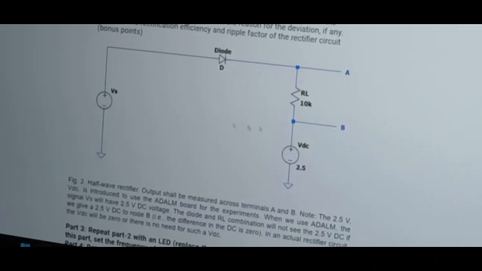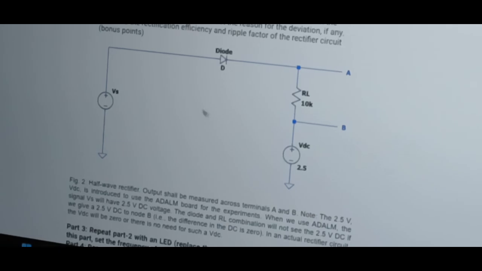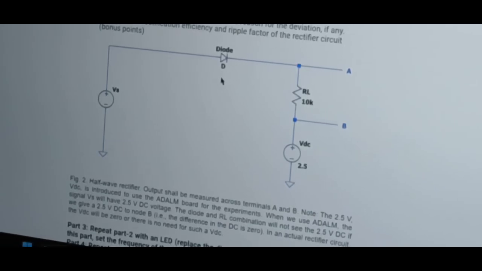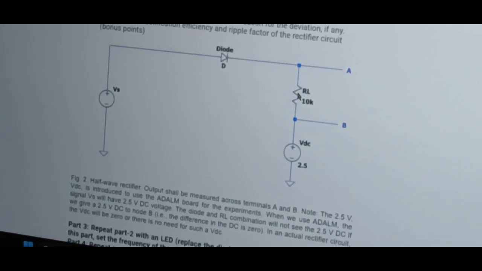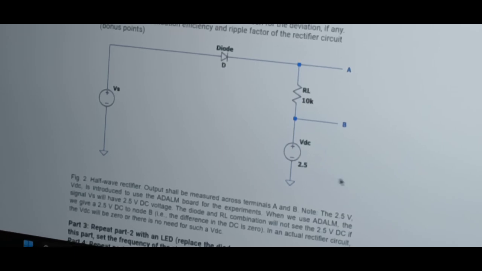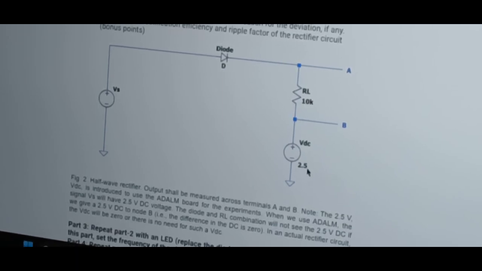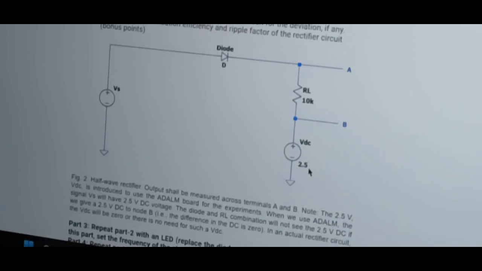For part 2, we have to construct a half-wave rectifier circuit using the diode for rectification, and we have to connect a load resistance of 10k. Across the output, we have to use the analog board to provide the DC voltage, which is 2.5 volt, and a frequency of 50 Hz in the pixel pulse.